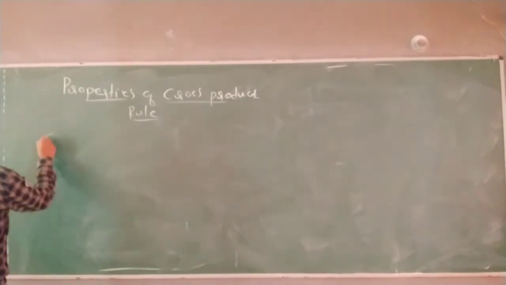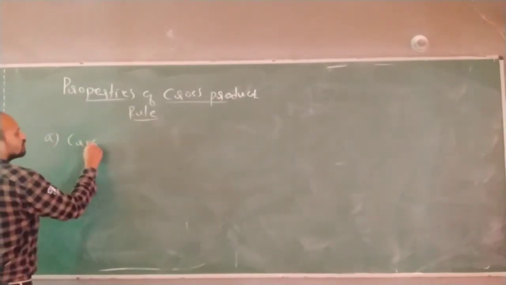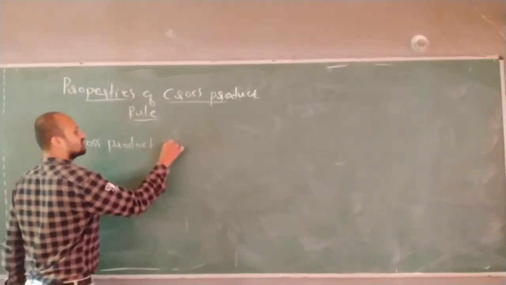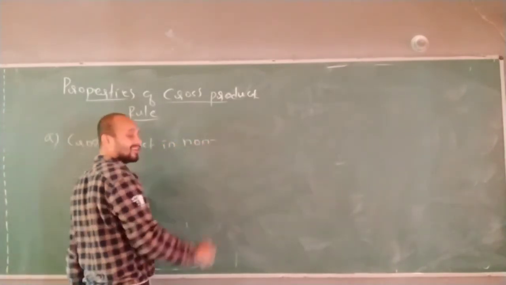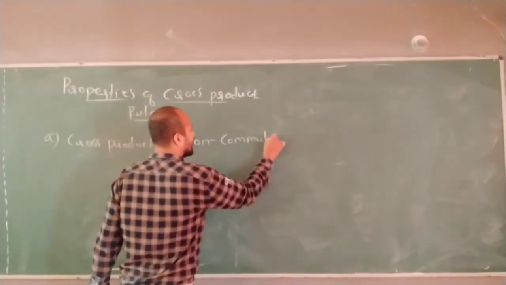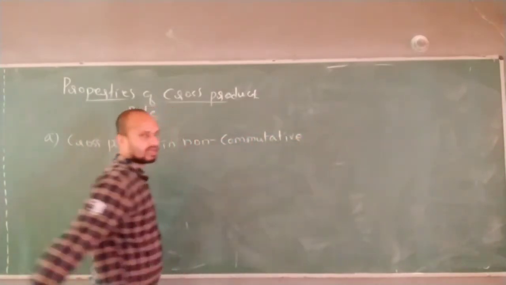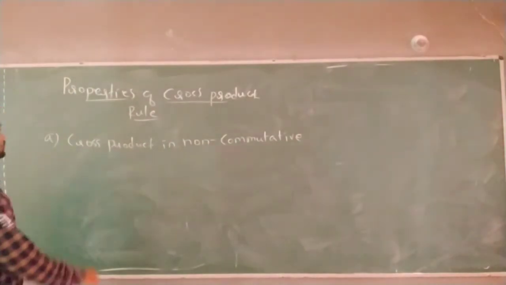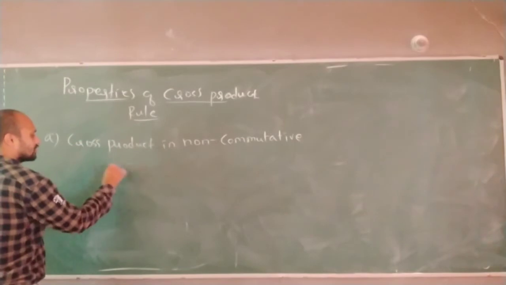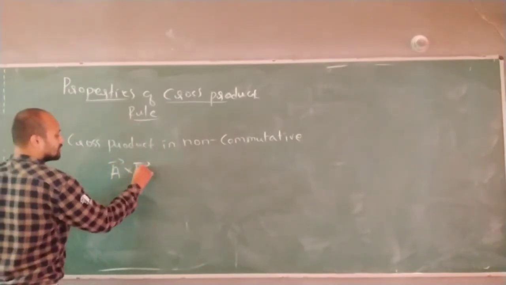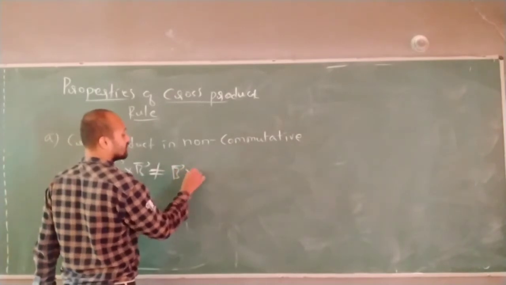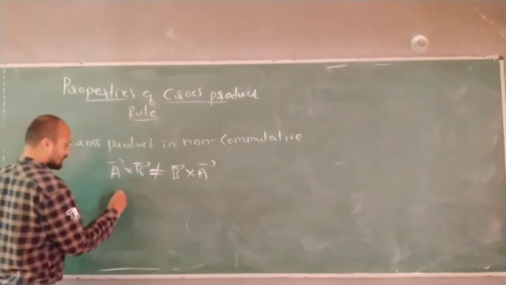First property: cross product is non-commutative or anti-commutative. What does it mean? Non-commutative or anti-commutative means that A cross B is not equal to B cross A. Correct now?